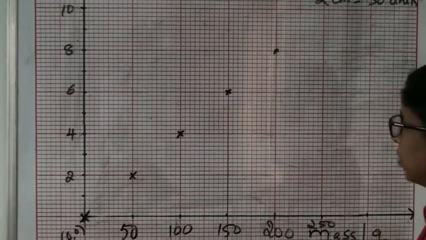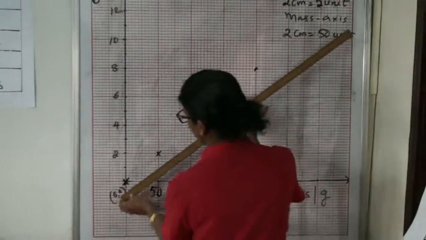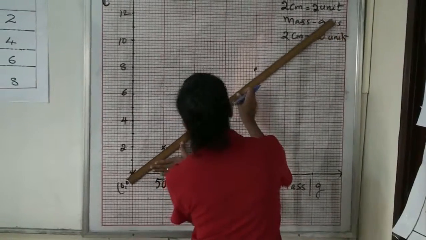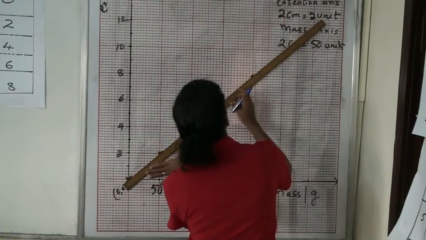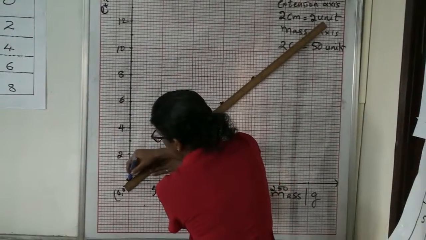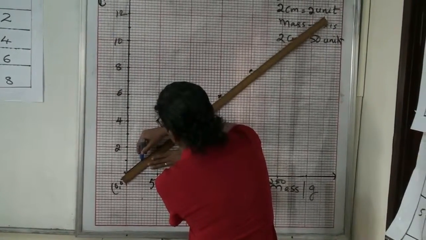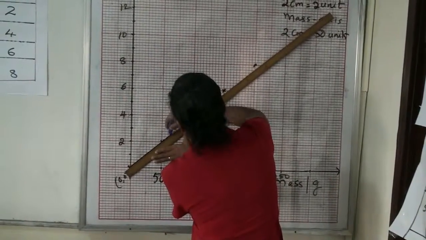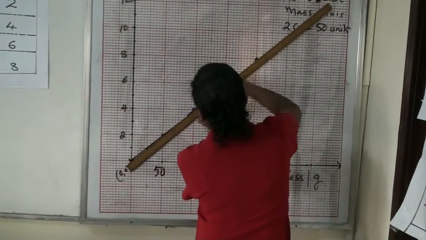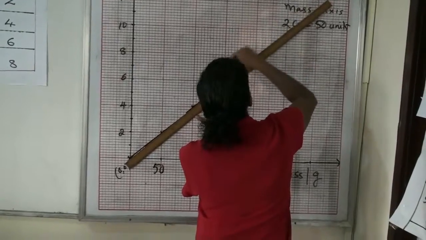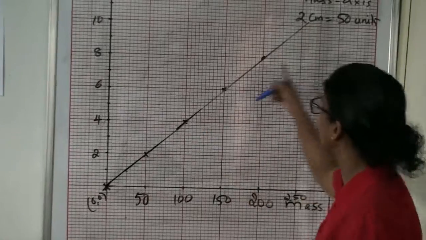Now we draw a straight line connecting all the points, a straight line passing through the origin.